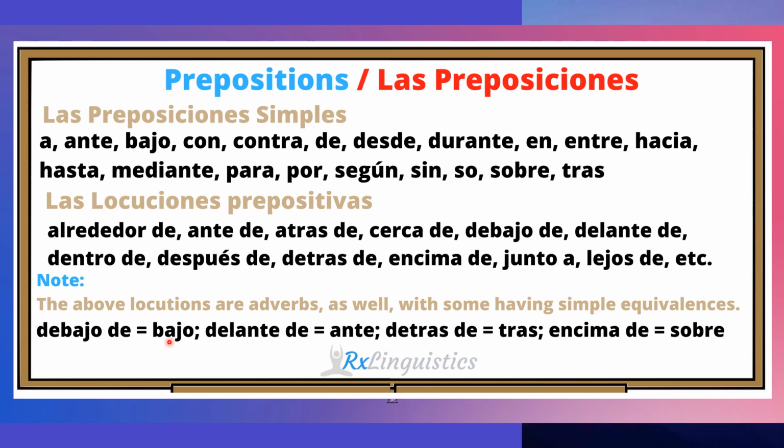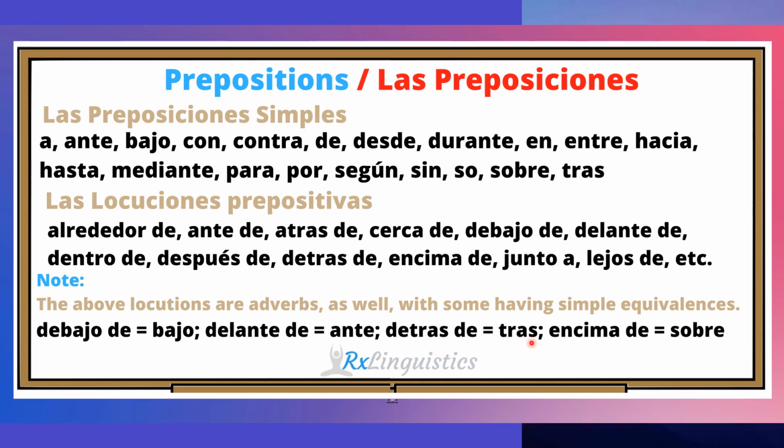While you know bajo and debajo de mean the same thing. Delante de is ante. Sometimes it's elegant to use this, but if you are a beginner, keep it simple, okay?